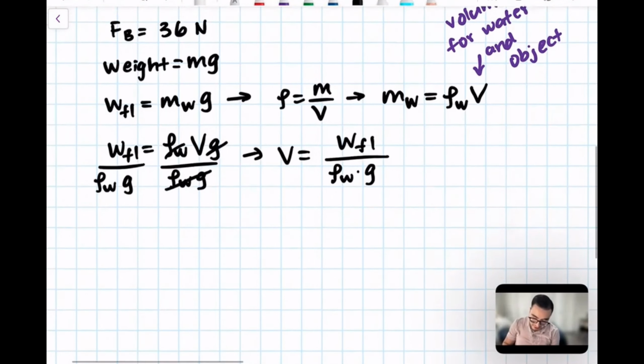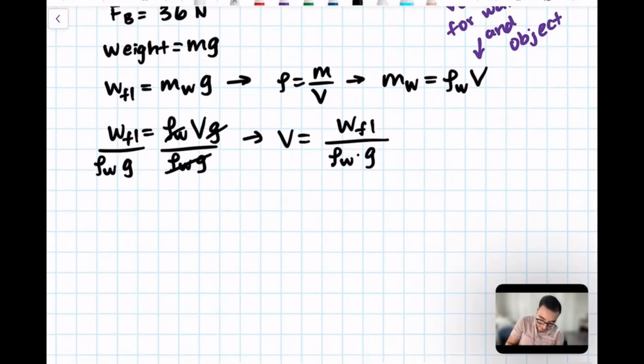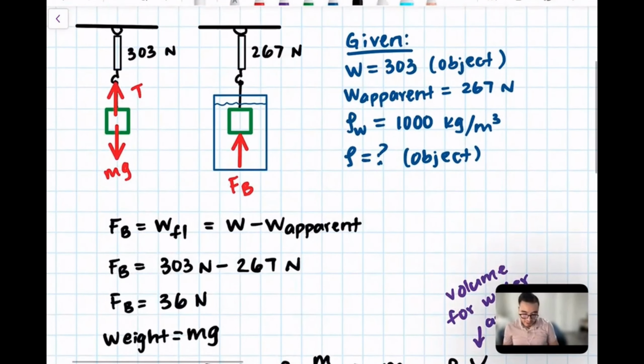So that means if we want to find the density of the object, so just like that, no subscript, it's going to be the mass of the object divided by the volume of the object. Now, how do we find the mass of the object? Well, we're given the weight of the object before it was submerged in water. This is its weight.